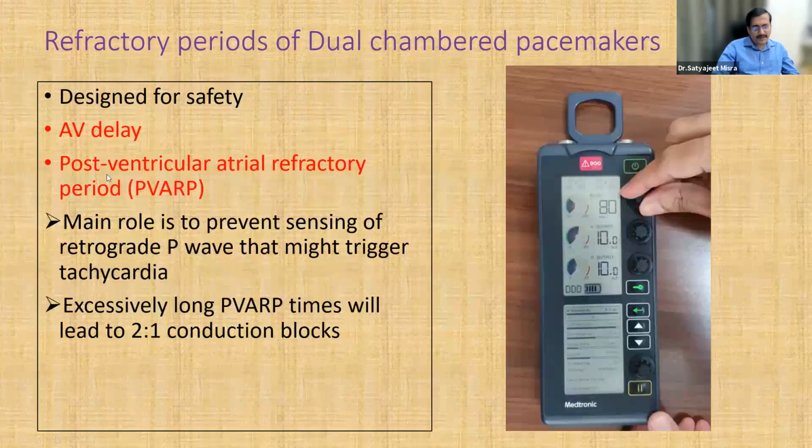There is another important time delay called the post-ventricular atrial refractory period, or the PVAR. What exactly is the PVAR? It prevents sensing of any retrograde P waves, because we know that during the time of coming off cardiopulmonary bypass, there can be a lot of conduction abnormalities, and one of them can be a retrograde P wave. If you're not preventing sensing of that retrograde P wave, the response to that P wave will be another QRS complex.